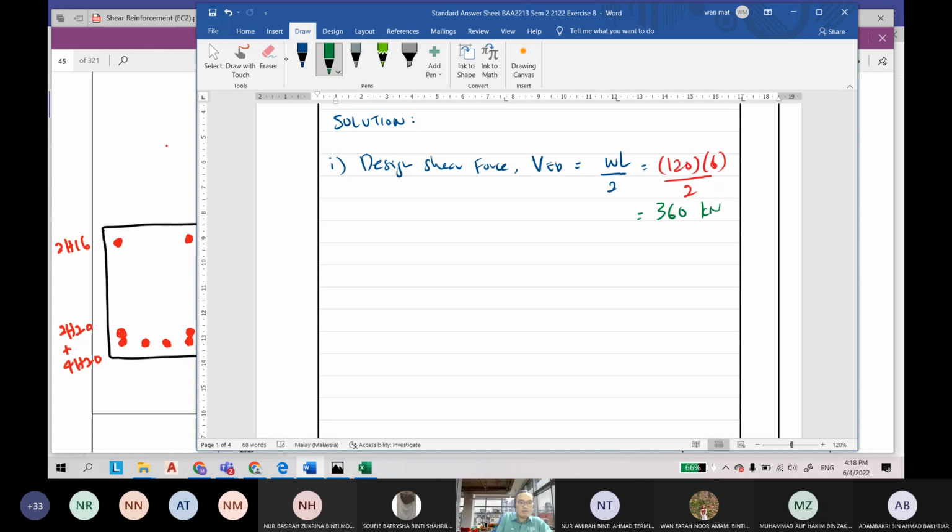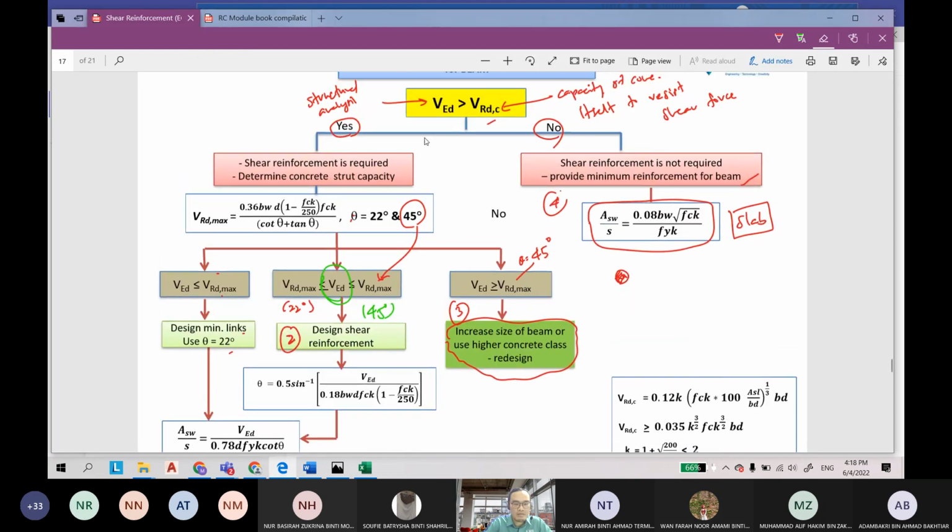And then number 2 is we check the concrete strut capacity. We must check here first, but of course we may jump. Since this is the case of a beam, it's very rare to have no shear reinforcement for a beam, so we can jump to this one.